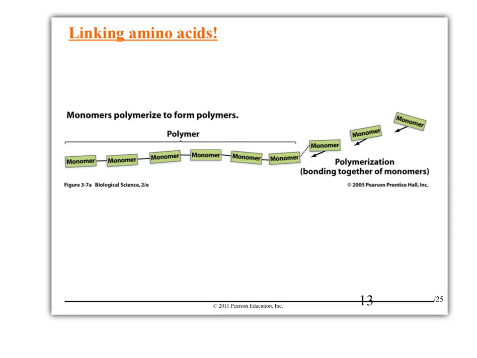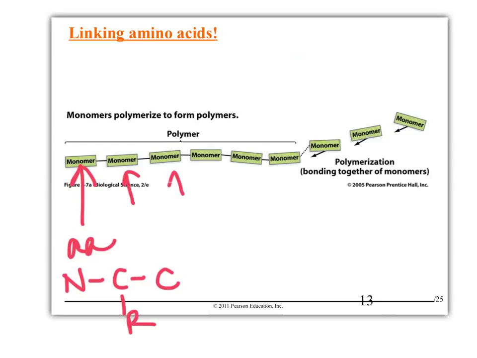Okay, when you link amino acids together, each monomer, right? What is the monomer? This is an amino acid. What is an amino acid? NCC, R group, hydrogens on it. Each one of these is an amino acid, all linked together.